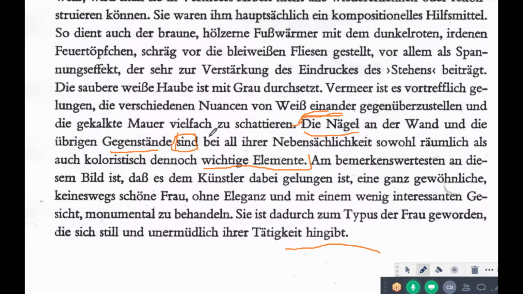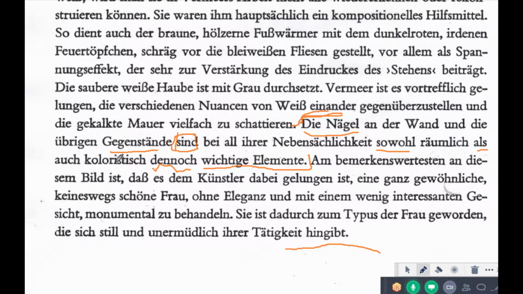Then this bei all ihrer Nebensächlichkeit, with all of their secondary importance, and then the contrast: however, they are nonetheless, in what way, important elements? Sowohl räumlich, remember sowohl as auch, both as, a sort of double comparison.